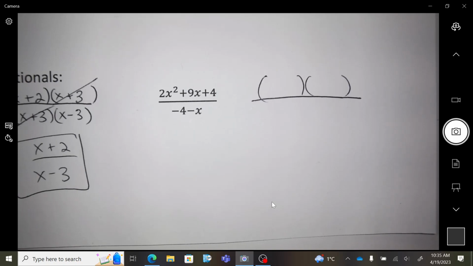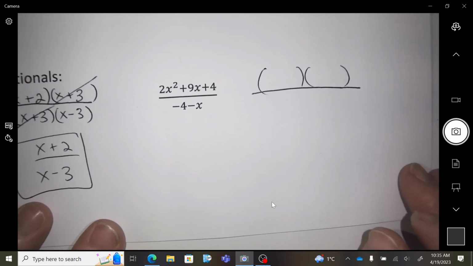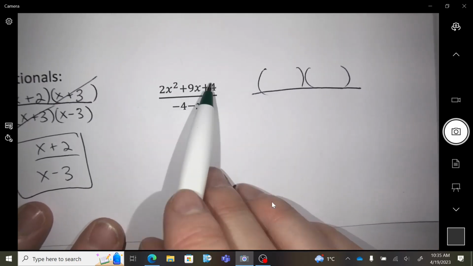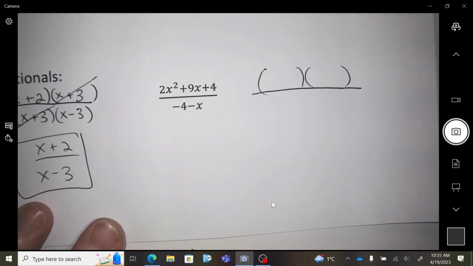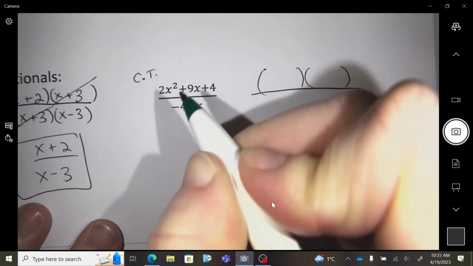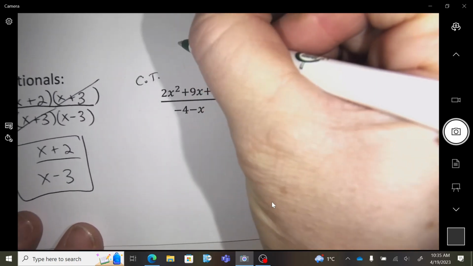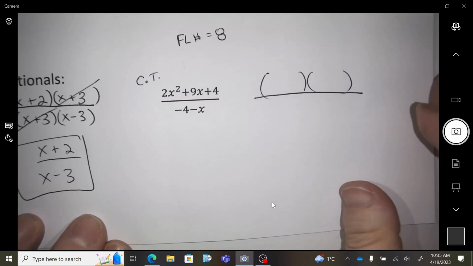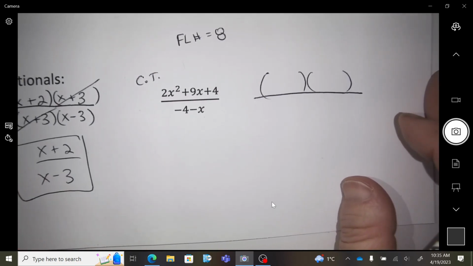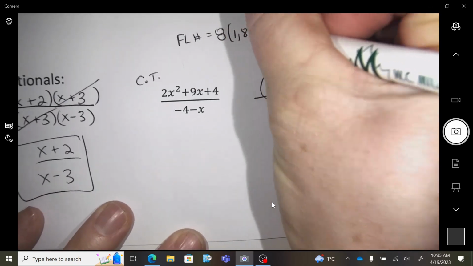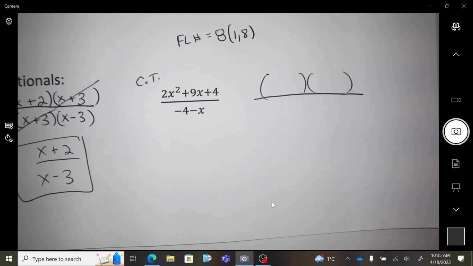Okay. So what do you want to do with this top? What style? What style is this top one? Complex trinomial? So my flow number is 8. Therefore, I know I'm using a 1 and an 8 to get a 9. 1 times 8 to get 8 and add to 9.